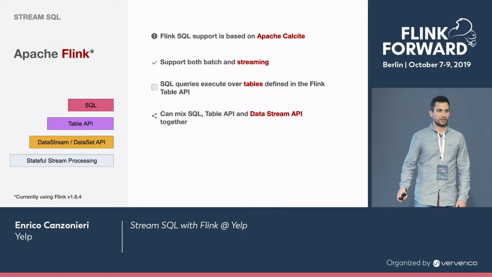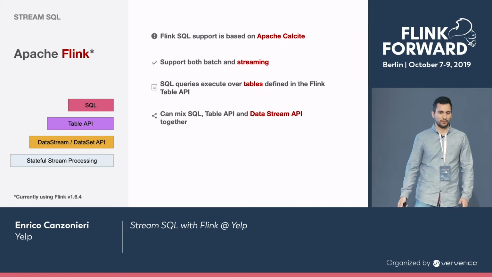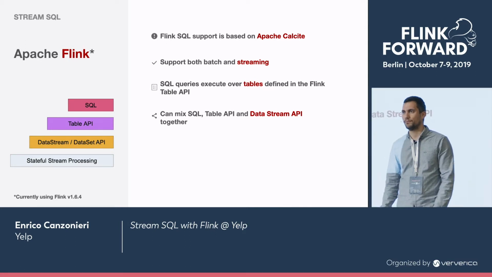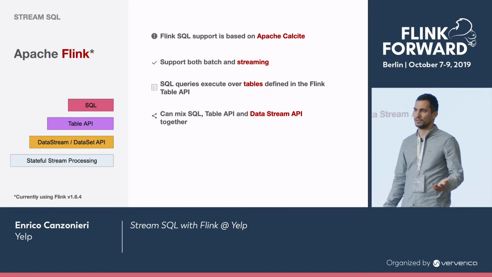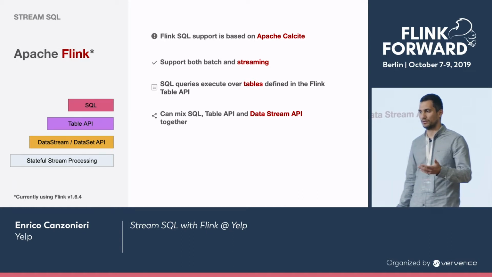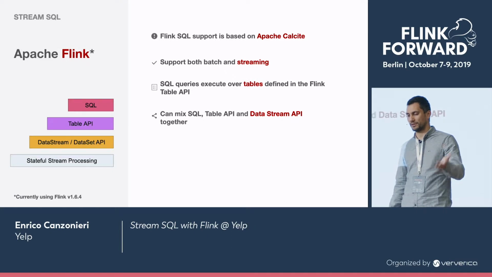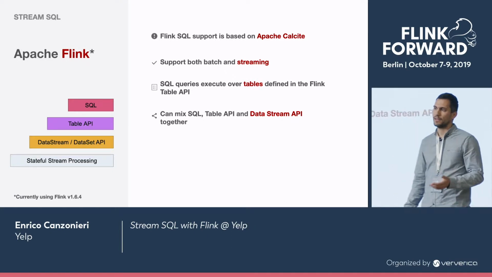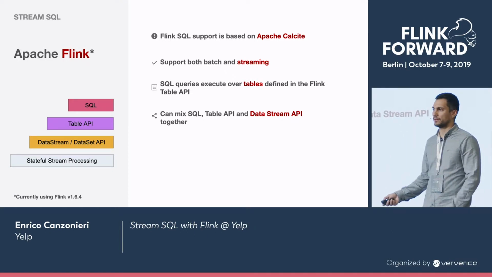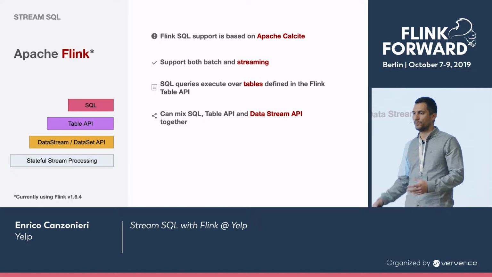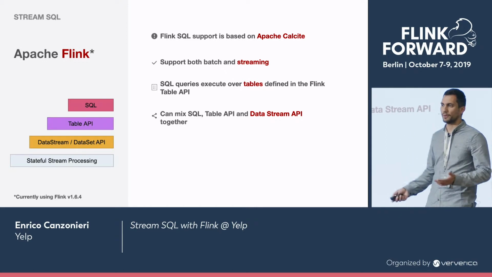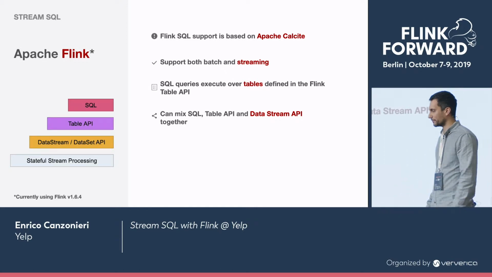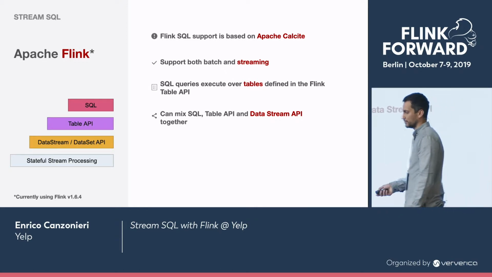It's based on Apache Calcite, a framework to build databases. It comes with a SQL parser that converts a query into a logical plan. And then what Flink implements is a driver that will convert the logical plan into different operators that will actually execute the query. It supports both batch and streaming.